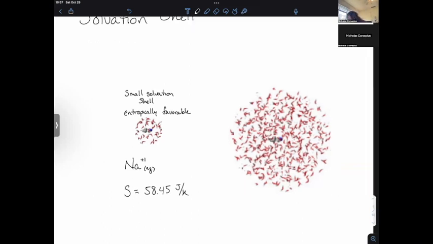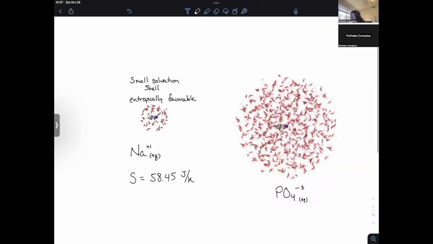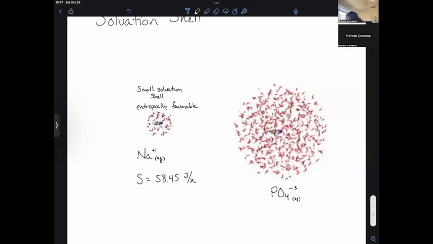On the flip side, if we look at the phosphate ion, we know that most phosphates are insoluble compounds, and it turns out that the entropy of a phosphate ion is negative 220.5 joules per Kelvin.